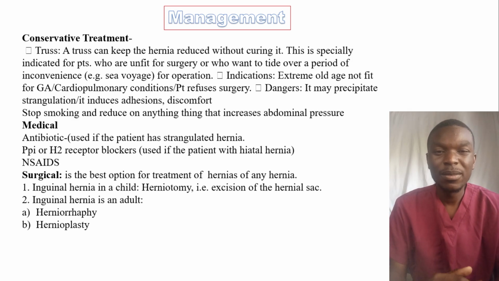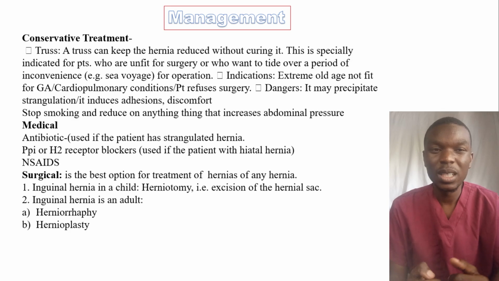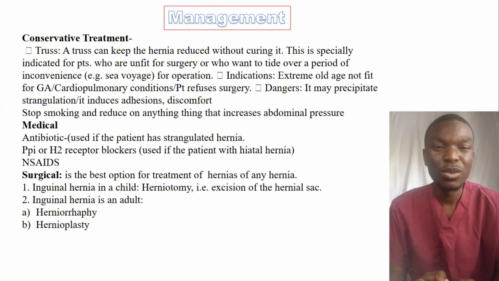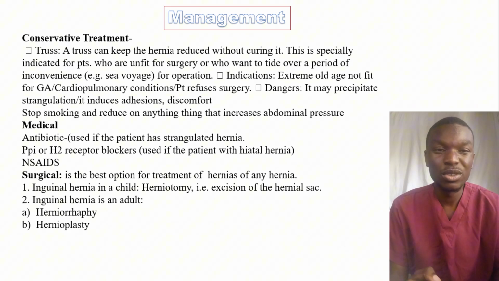So conservative. Let's say you have an old patient who is anemic, and doesn't receive blood donations or blood transfusion, and they have this hernia. You can't take them to theater, so you'd want to wait for the anemia to resolve.